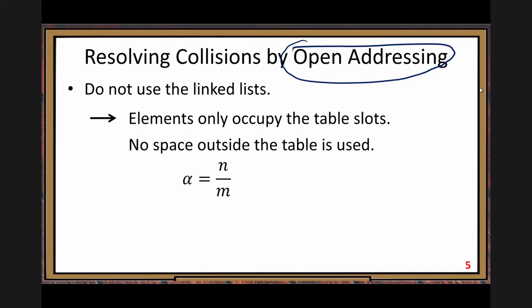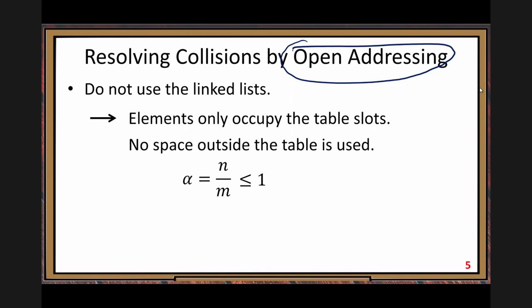And here the load factor alpha, n over m, should be less than or equal to 1. It cannot be greater than 1, and usually it is less than 1, because if it equals 1, the collision rate will be higher.